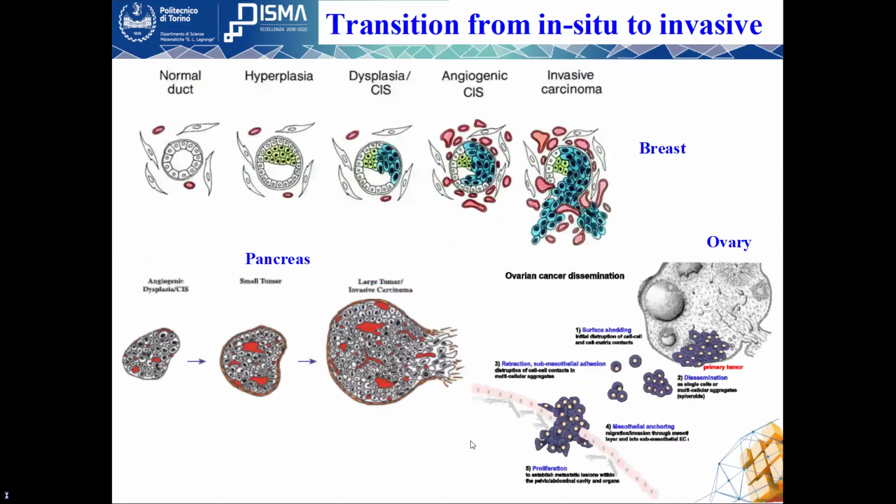Okay. Now another key point that is very interesting, at least for me, is to understand how to handle a situation in which the tumor passes through membranes. This is an important step in the development of tumors because it discriminates a good situation from a bad situation.